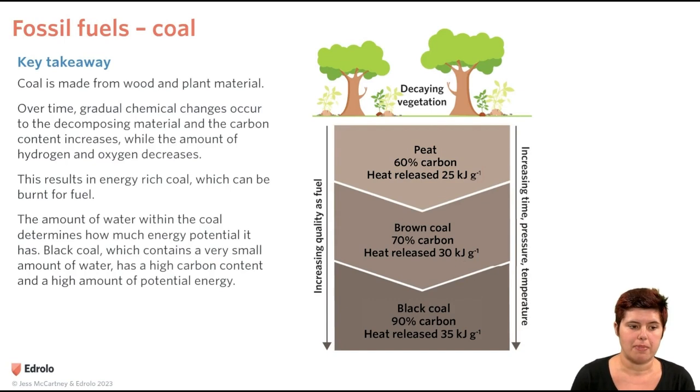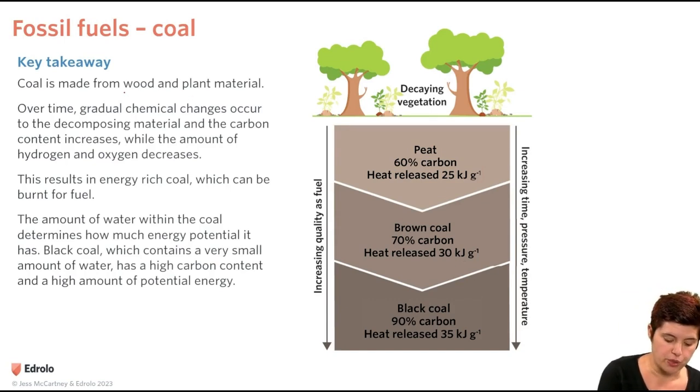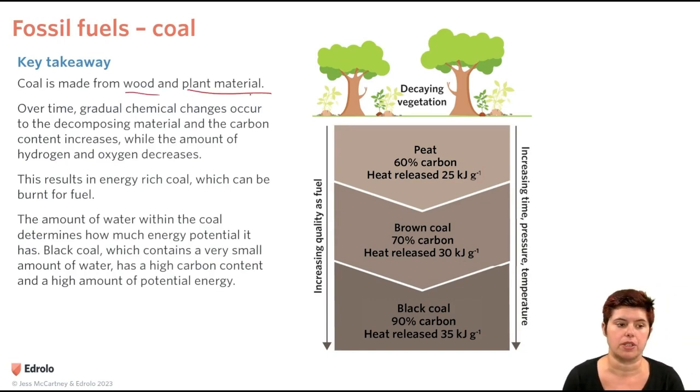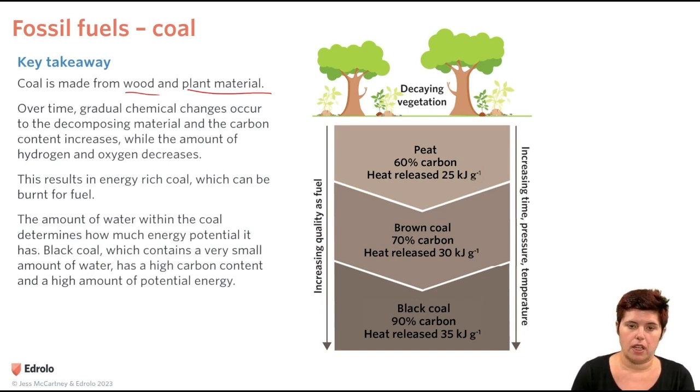So coal is made from plant material, so from wood and plant material that has decomposed over millions of years. Now, what's important to note about coal is that the longer that it's left, the better energy amount it has. So if we're looking at this image here, you can see that the black coal, which is buried lower in the ground, has a heat release of 35 kilojoules per gram.